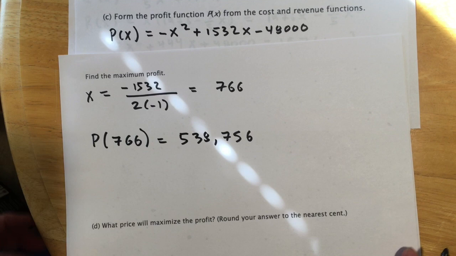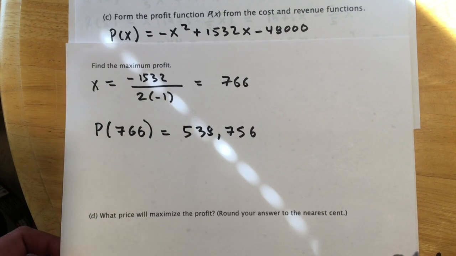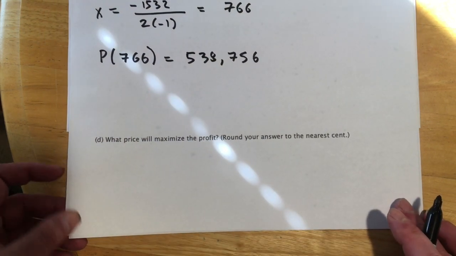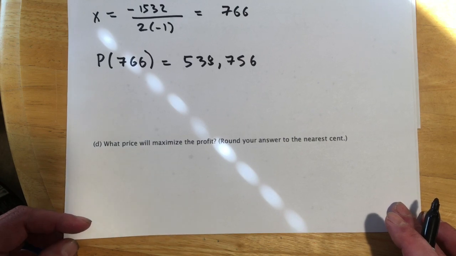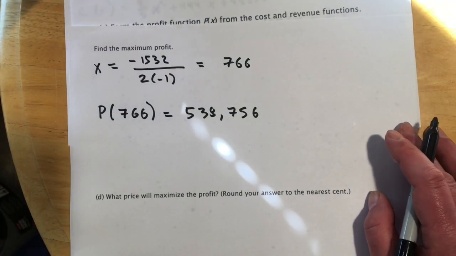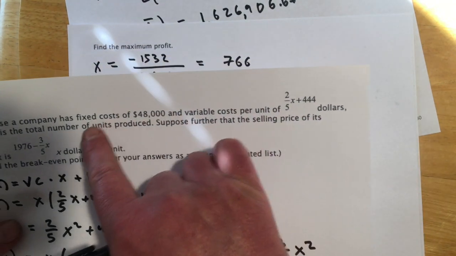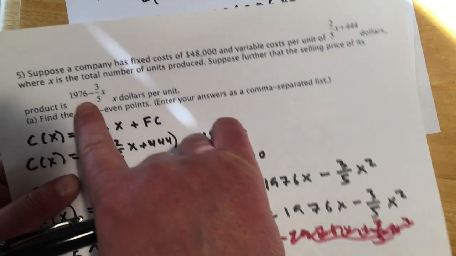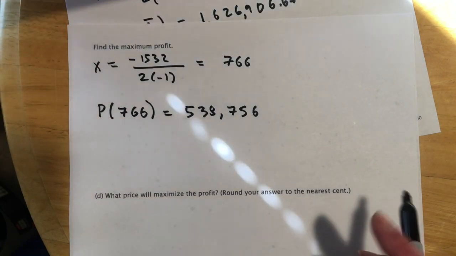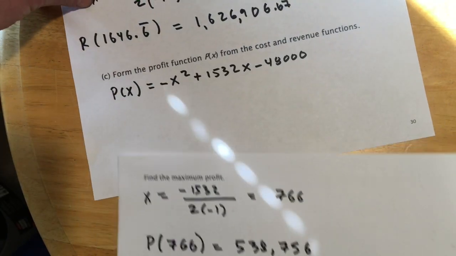And then the last question is, what price will maximize the profit? So for that, we have to go way back to the beginning. And remember, back here was our price equation, back in the early directions of the problem long, long ago.